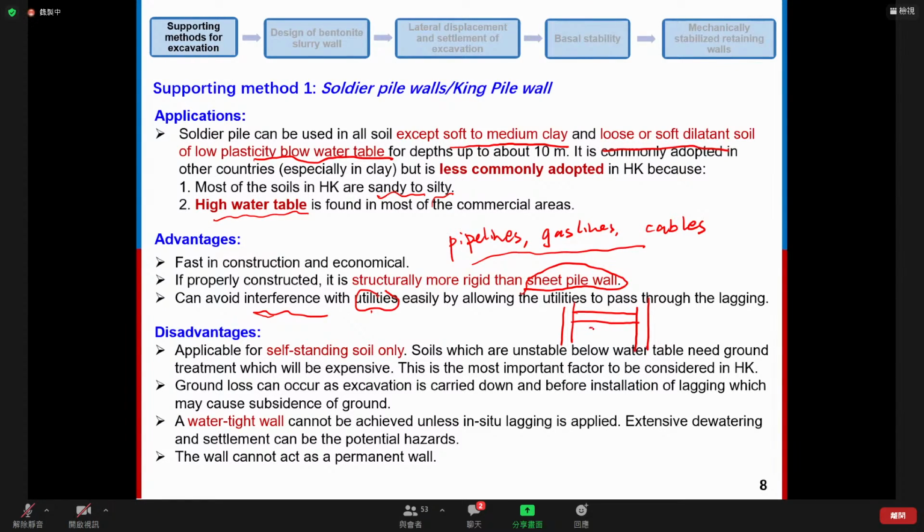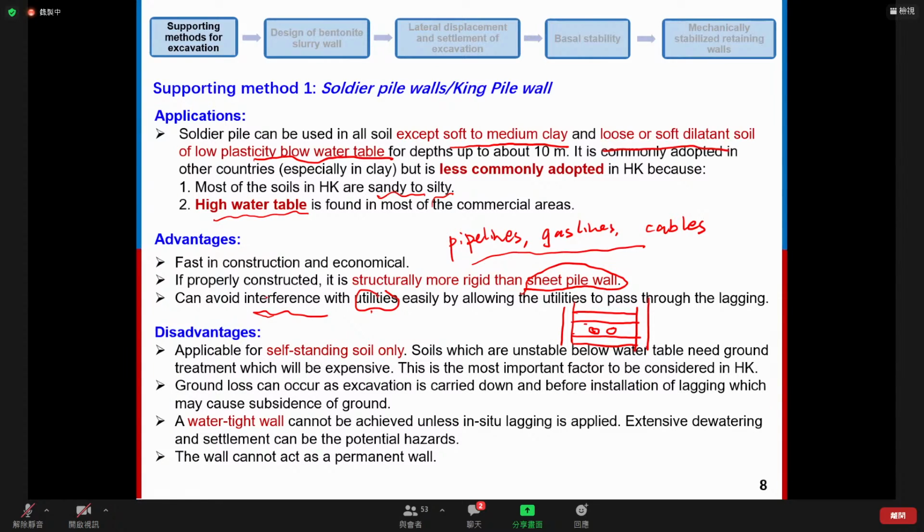So for example, if here we have a pipeline, for this level, we can just relocate the legging from this level to this level. So we will make sure at this level, we will not have legging to stop the utilities. By this kind of relocation, we can avoid interference with the utilities.